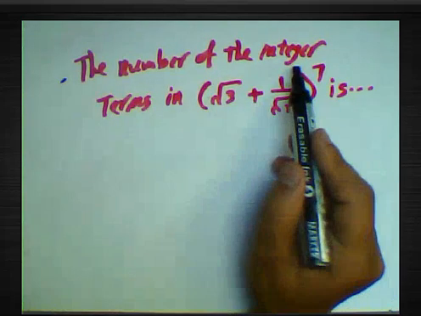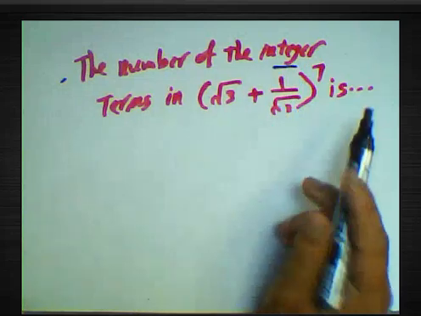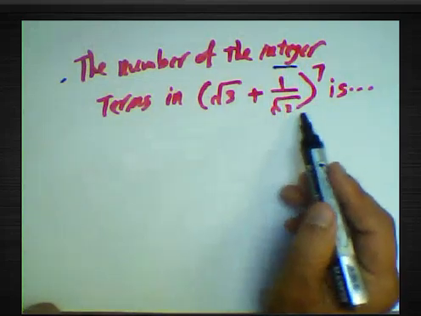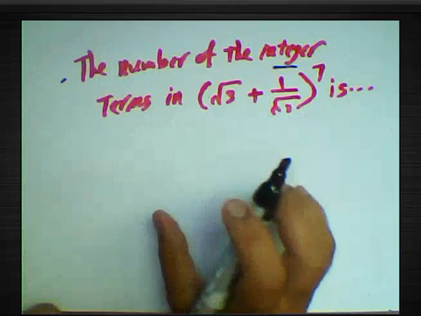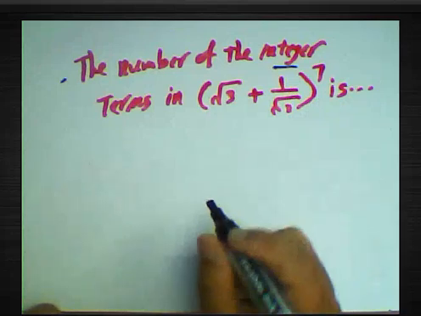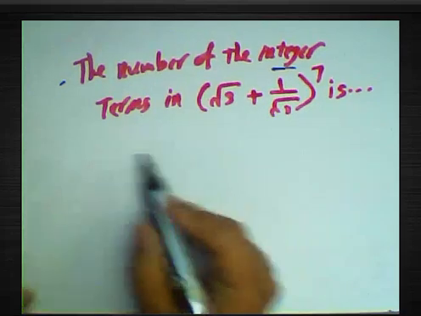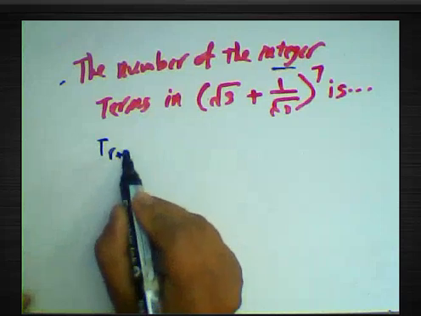The number of integer terms in the expression (root 3 plus 1 over root 3) all power 7. We must find the number of integer terms. Okay, first we can write the general rule.